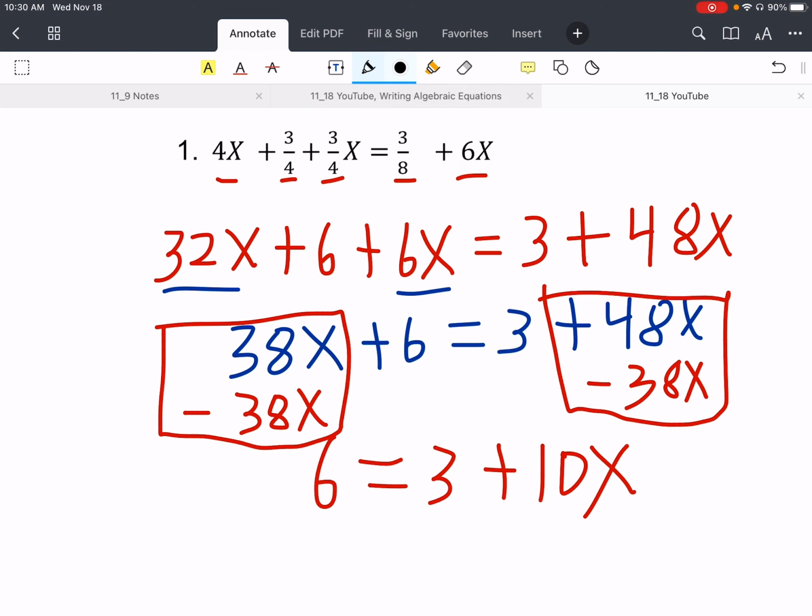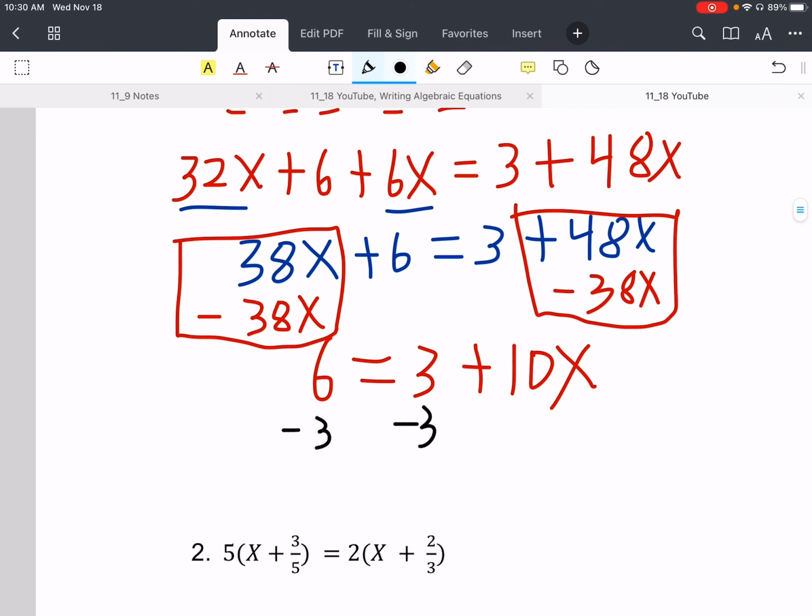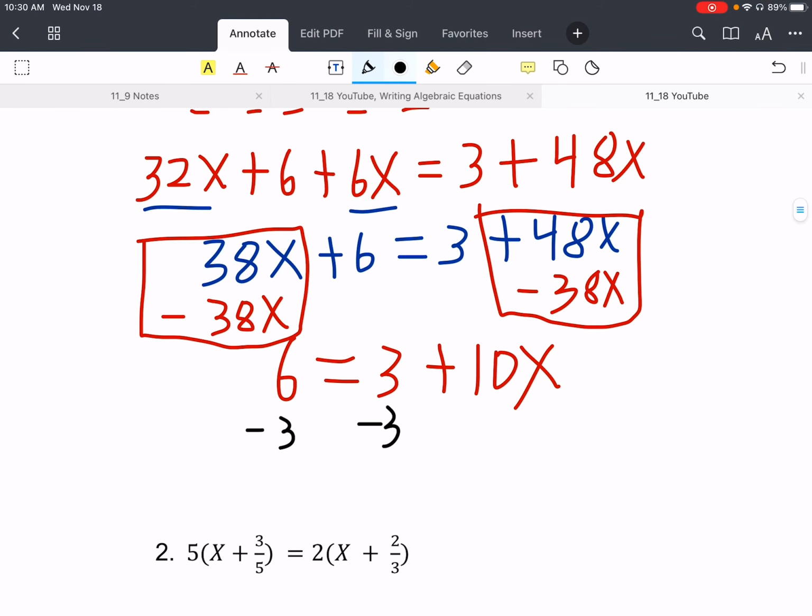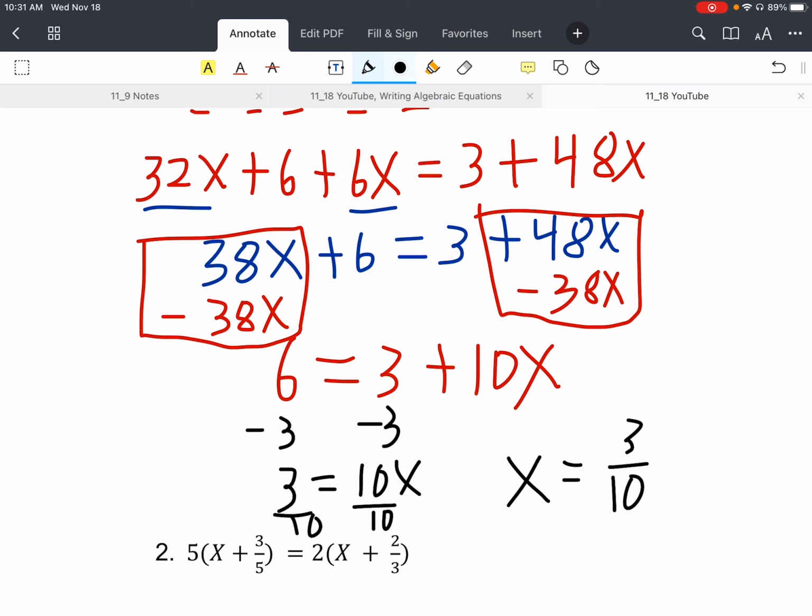Now we are going to subtract 3 from both sides here, so we want to get one number independently from the variable. That gives us 3 equals 10x, and if we divide both sides by 10, we end up with x equals 3/10.